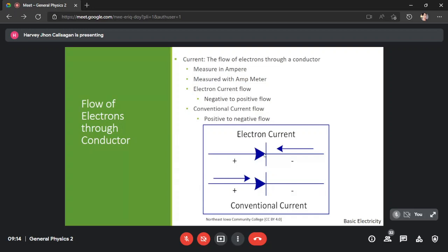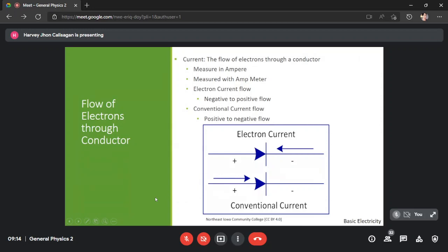For the conventional current, as you can see, it is a positive to negative flow, so the majority of the charges that flow are made up of positive particles. The more positive particles that flow against the negative, the more it insulates. It prevents the majority of the electron particles from flowing through the wire.